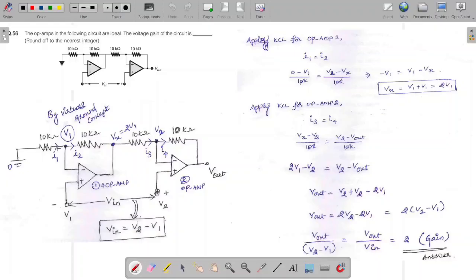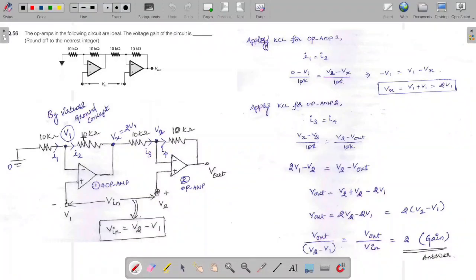Now we apply KCL at node V1 of operational amplifier 1. What is the formula for Kirchhoff's current law? Incoming current is equal to outgoing current. Here we write (0 minus V1) divided by 10K is equal to (V1 minus Vx) divided by 10K.